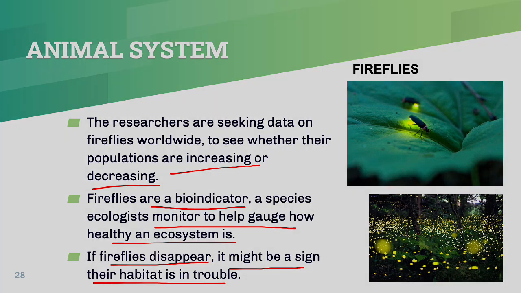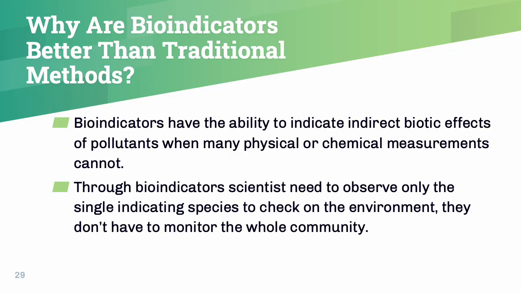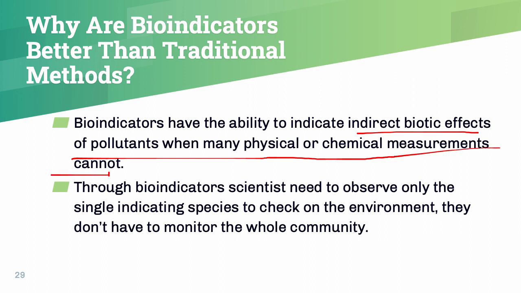If those are gone, of course, that is an indication that the trees are gone. Now, why are bioindicators better than traditional methods? Bioindicators have the ability to indicate the indirect biotic effect of pollutants when many physical or chemical measurements cannot.